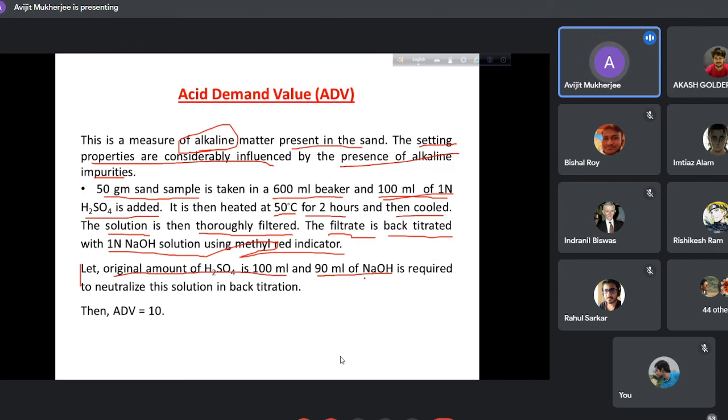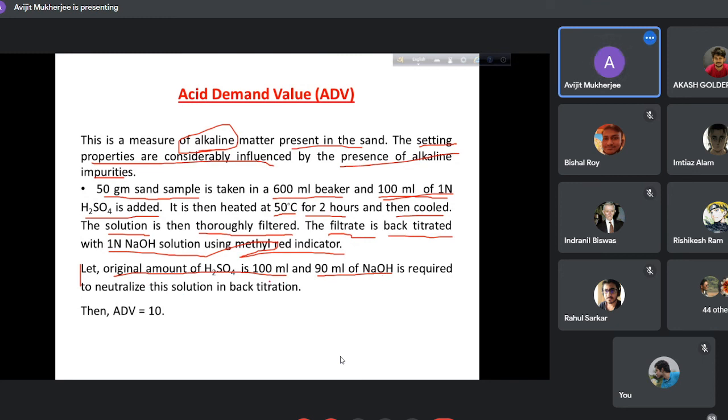Where is this NaOH coming from? From this filtrate. How was the filtrate obtained? Just by dissolving this sand sample, heating at 50 degrees centigrade for 2 hours. This caustic soda part is now dissolved in the solution.